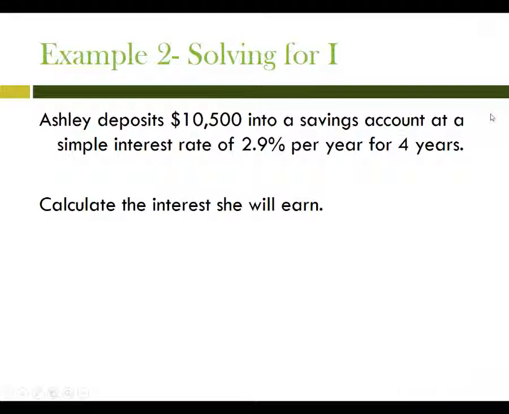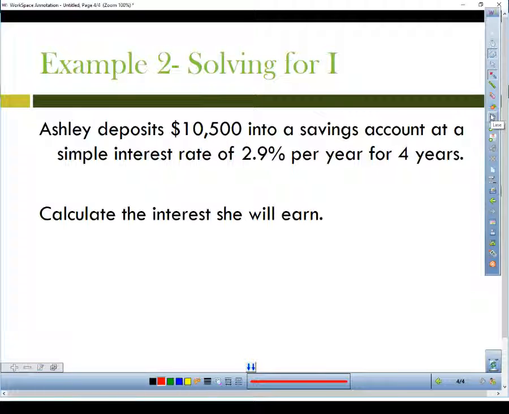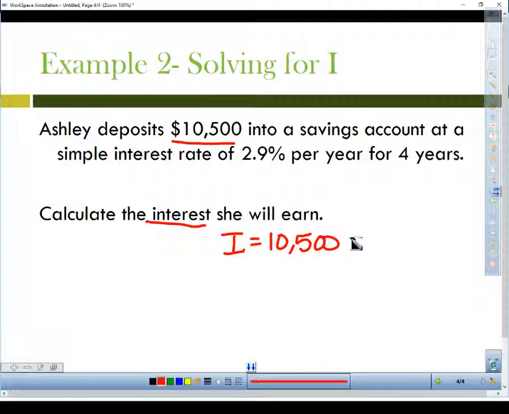Number 2, Ashley deposits $10,500 into a savings account at a simple interest rate of 2.9% per year for 4 years. Calculate the interest she will earn. Once again, we're looking for the I. The principal is $10,500. The rate is 2.9%, which is 0.029.